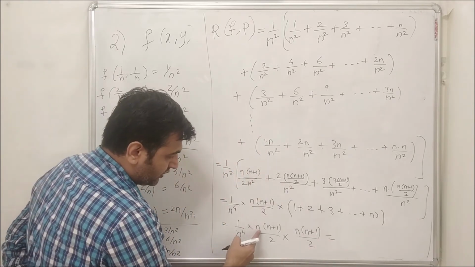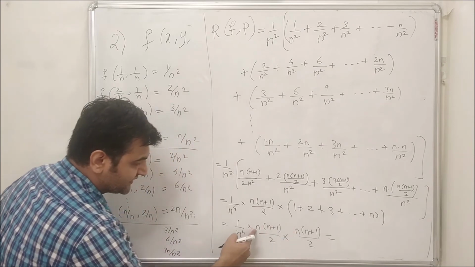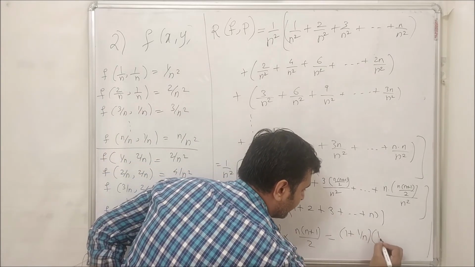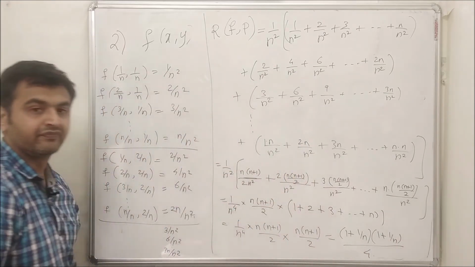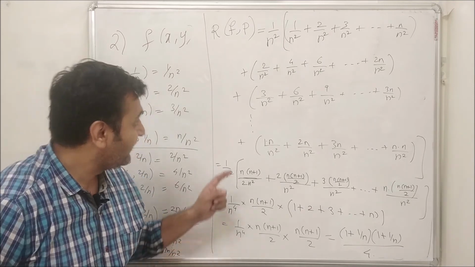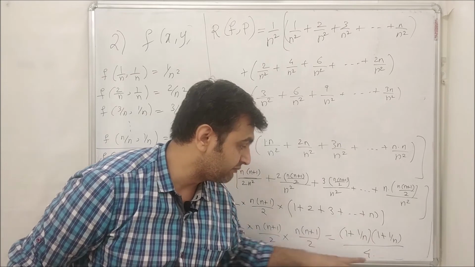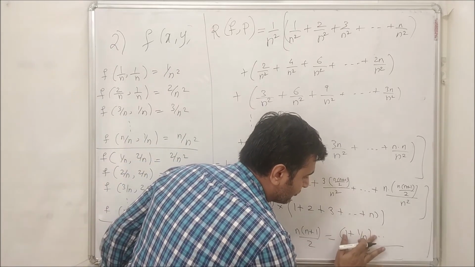So if I take out n from here outside, n square, n4 will go away. 1 plus 1 by n, 1 plus 1 by n, whole divided by 4. That was long. So finally we got the Riemann sum as 1 plus 1 by n into 1 plus 1 by n, divided by 4.